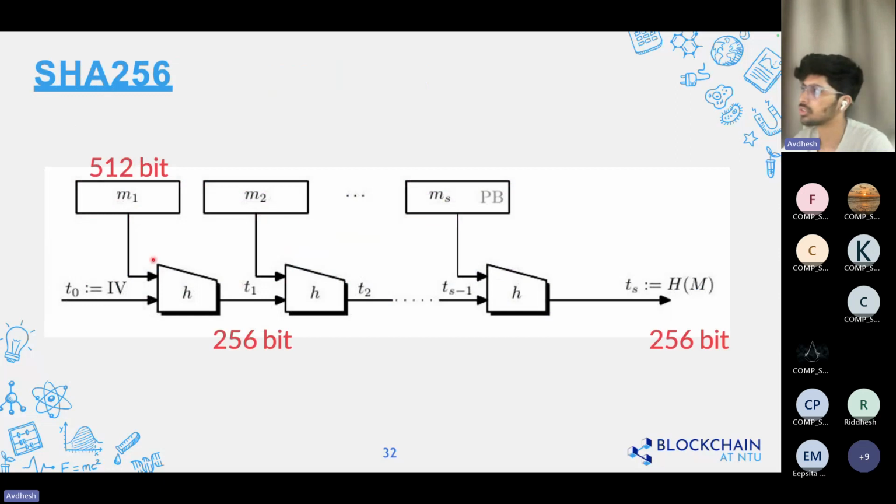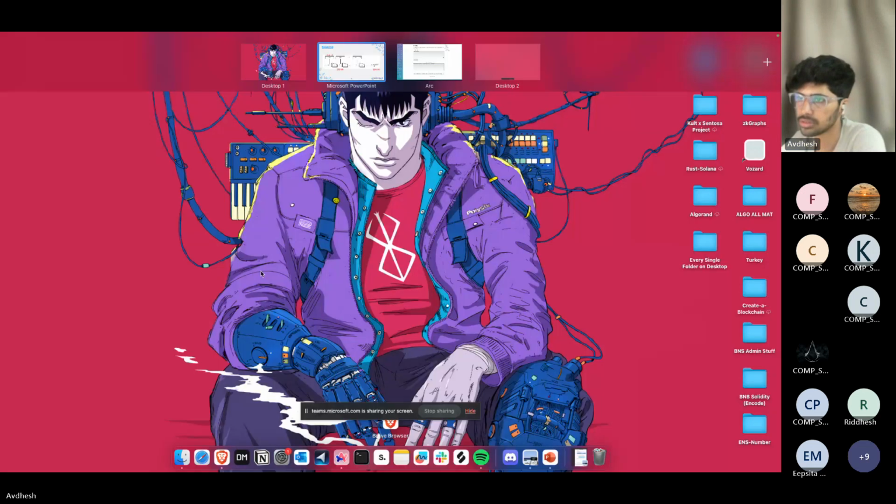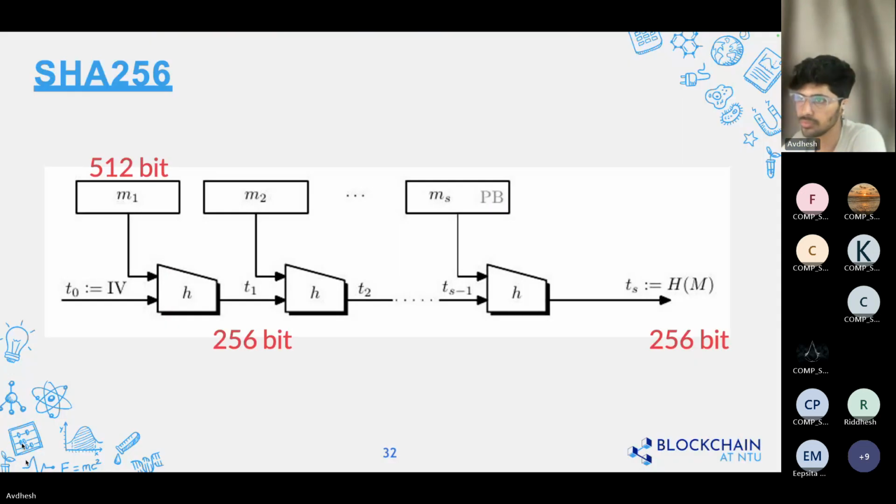Now, SHA-256, I'll just go through a bit of diagrams. What SHA-256 does is, as I said, this is all a message, or you can say these are all single bytes as well. Let's suppose the input is 512 bits. Every message will have bits like 00, 01, 11, something like that.